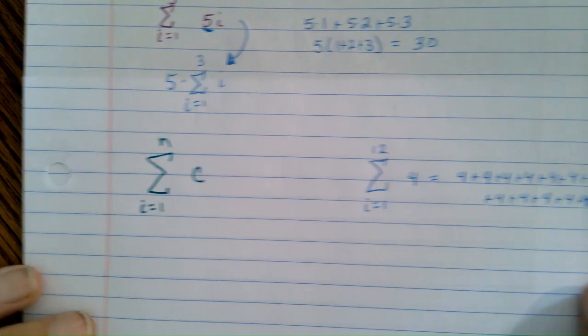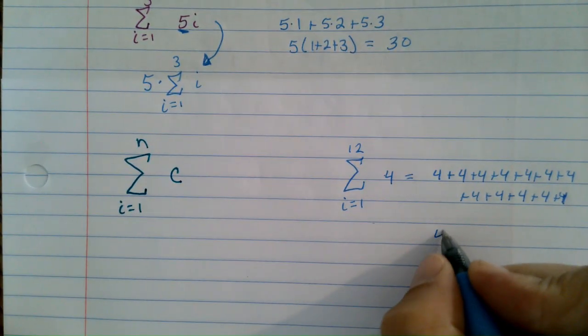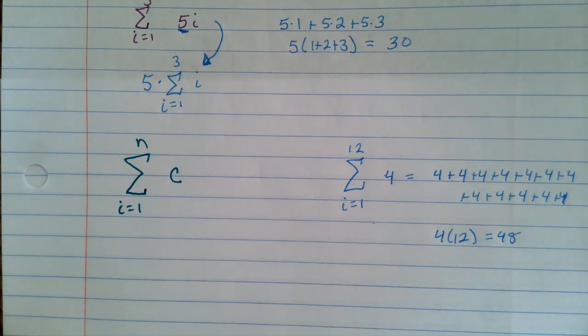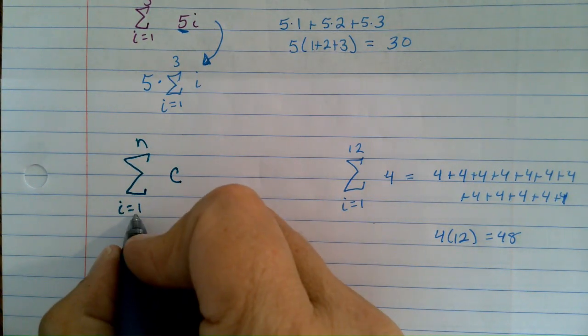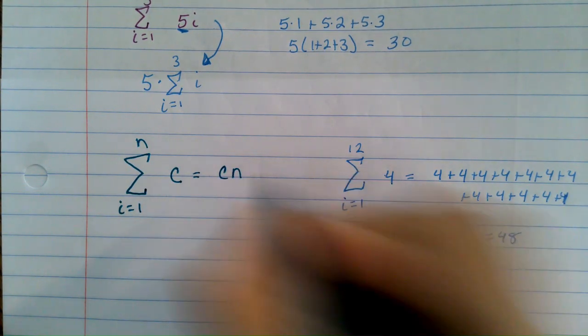All 12 rectangles are going to have the same exact answer. The answer is always 4. So wouldn't it be easier just to do 4 times 12? Yeah. So that's what this rule is, to do the sum from i equals 1 to n. If this is a constant, it's just constant times n.